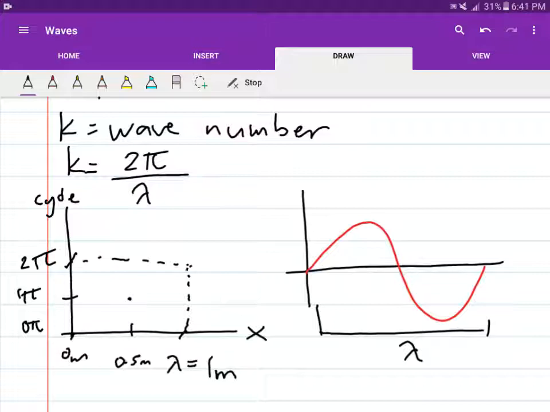So again, if we trace this line, it should take a straight line, and the slope of this line should be the wave number. So it's just the ratio of one whole cycle, 2 pi, over the wavelength of the wave.